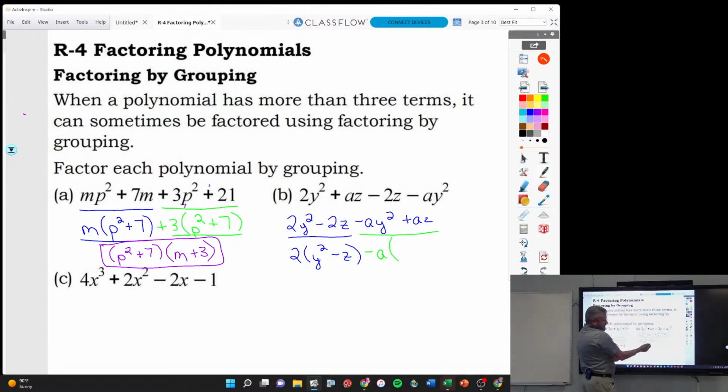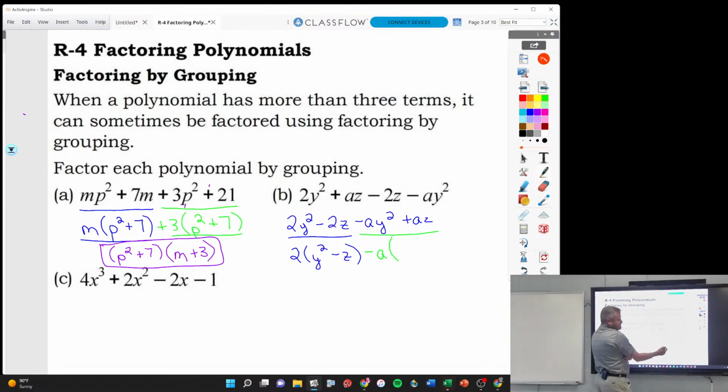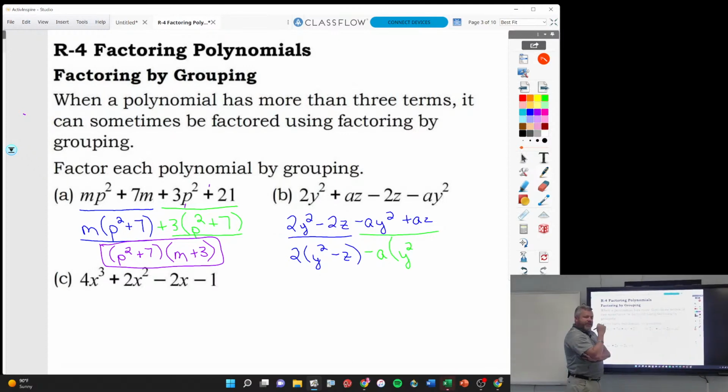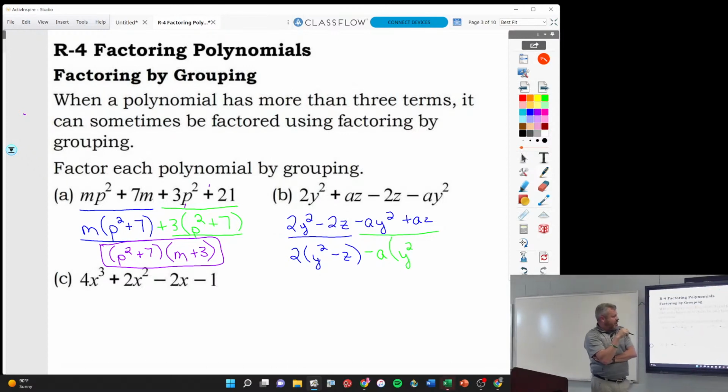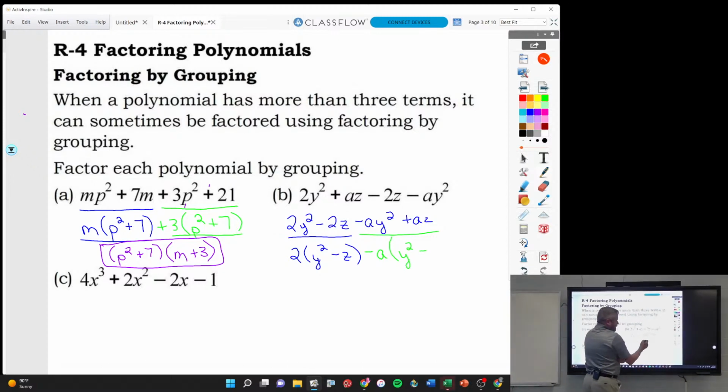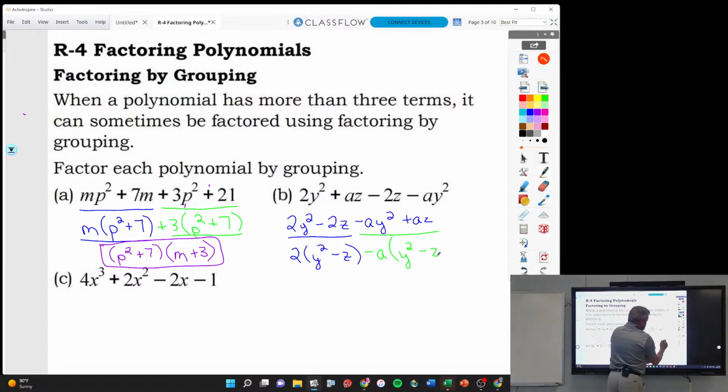So factoring out a negative a from a negative ay squared leaves me with y squared. If I factor a negative a out of a positive az, I'm factoring out a negative 1 because negative 1 times negative a will give me that positive a. So I'm taking out a negative 1 and I'm leaving that z behind.